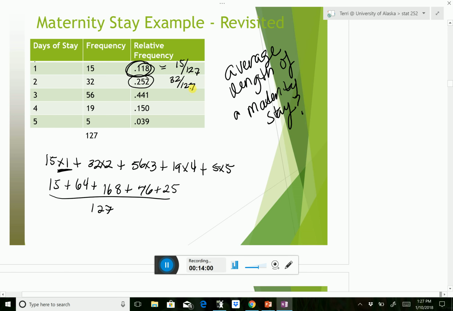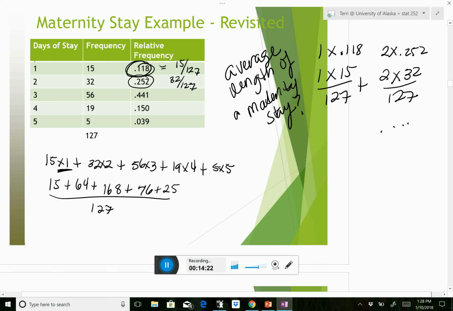So if I go 1 times 0.118, really all I'm doing is 1 times 15 divided by 127, plus 2 times 0.252. All I'm doing is 2 times 32 over 127, etc. So if I divided each one of these up, this is the same thing as saying each one is over 127.